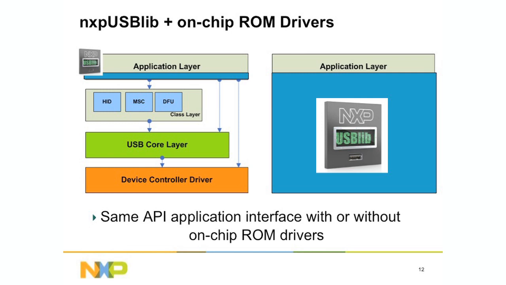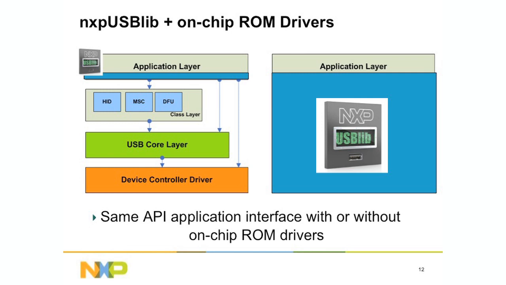So all of the code in the library goes away, and it simply redirects itself and calls right into the ROM drivers. Now, you don't have to use USBlib to talk to the ROM drivers. The ROM drivers are all accessible by starting with this one memory location that has a pointer into a table, and the table has pointers into all the functions of the ROM drivers.